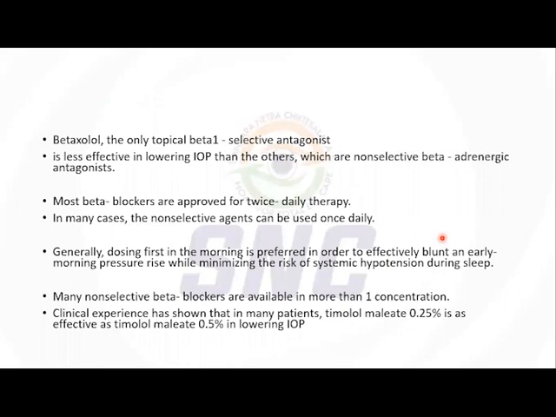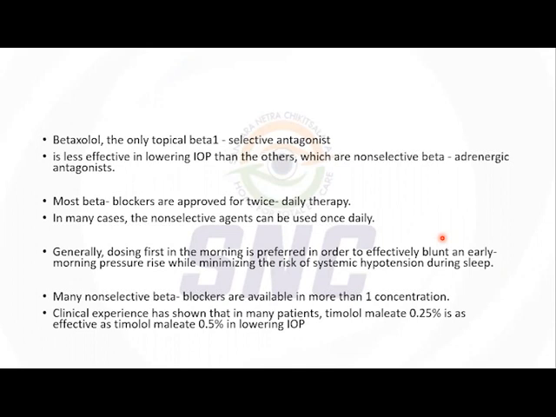Betaxolol is the only topical beta-1 selective antagonist and is less effective in lowering IOP than the others, which are non-selective beta blockers. Most beta blockers are approved for twice daily dosing. In many cases, non-selective agents can be used once daily.